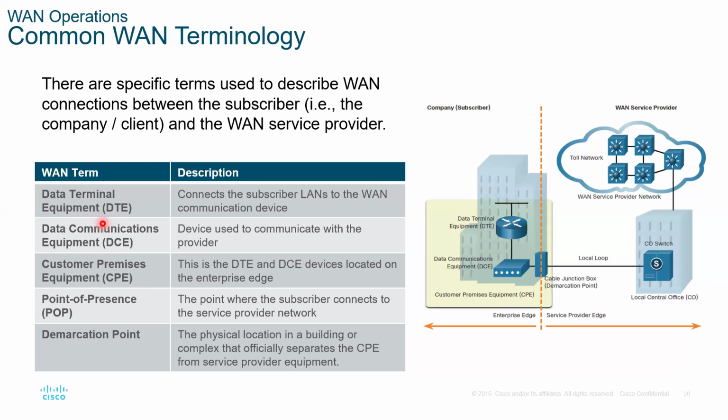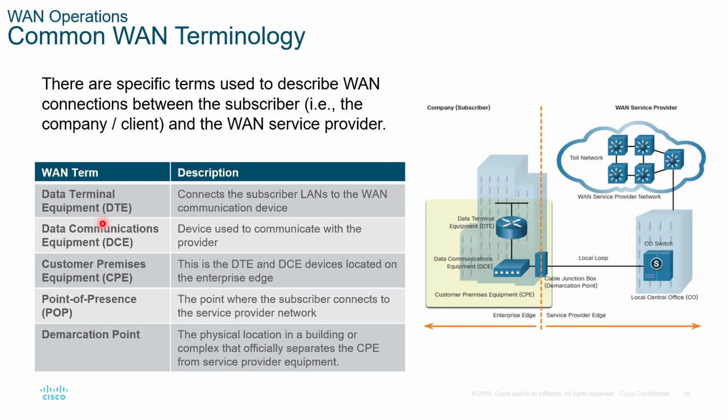The DTE are the devices that generate and process traffic. It also consumes data. So these are your end devices, your computers, your phones, your printers, those that generate data. Those are your DTEs.